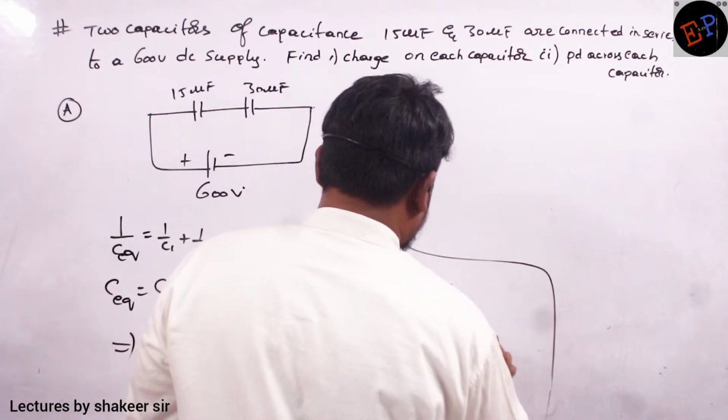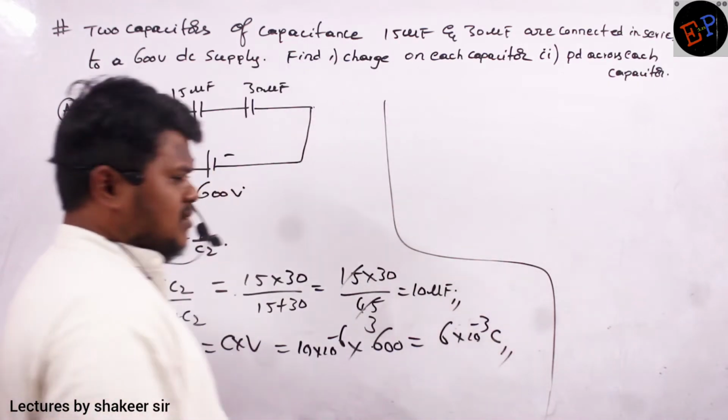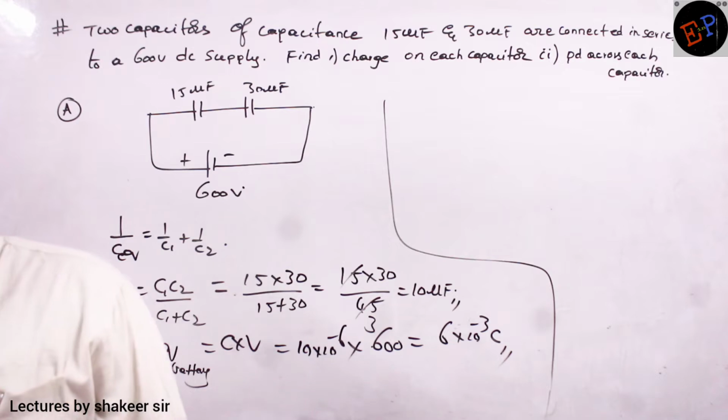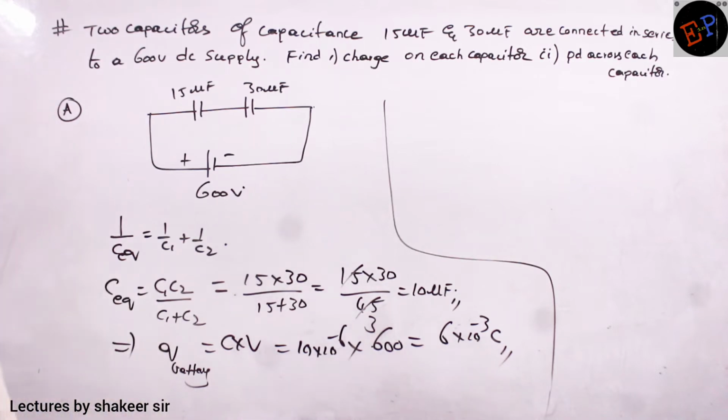So it is 6 into 10 power minus 3 coulomb. This is the charge supplied by the battery.